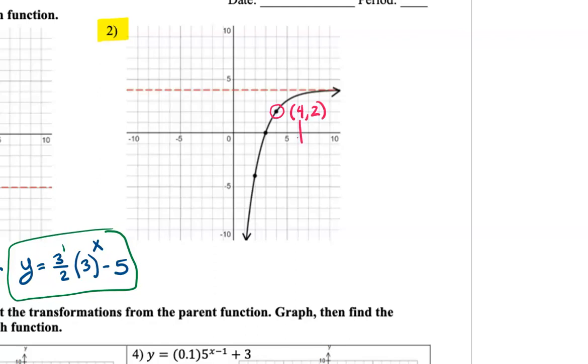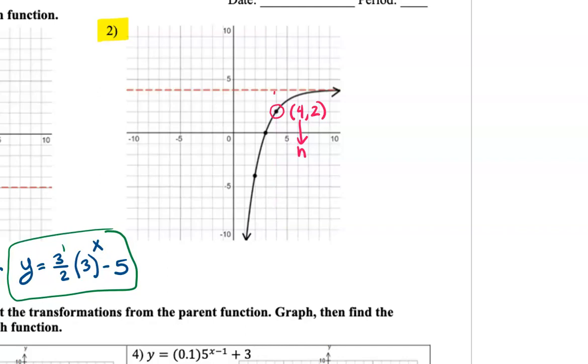I use the x coordinate of that particular point as my h, because I'm going to use that point to help me decide where the middle of my graph is, where the quick increase starts changing into a slower increase. So for this one, my h value is going to be 4.